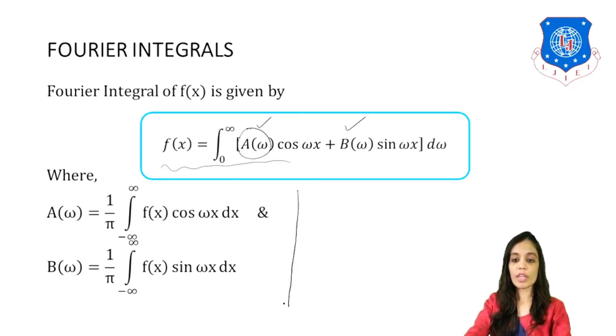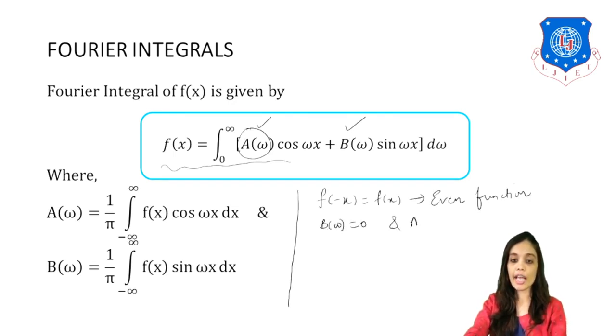Now if f(-x) equals f(x), that is, if our given function is an even function, then the value of B(ω) will be 0 and A(ω) will be 2/π integral from 0 to infinity of f(x) cos ωx dx.